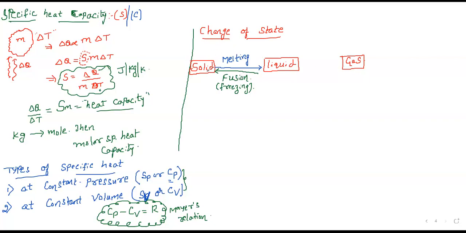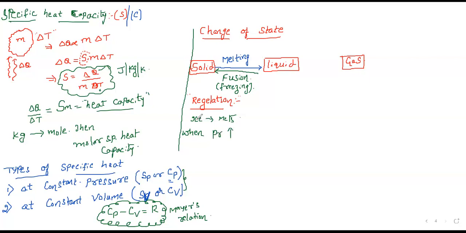Okay. In this concept, they may put one concept here, that is regelation. R-E-G-E-L-A-T-I-O-N. Regelation. What is regelation? If you consider the ice, when ice starts to melt, when pressure is increased, and again it freezes.